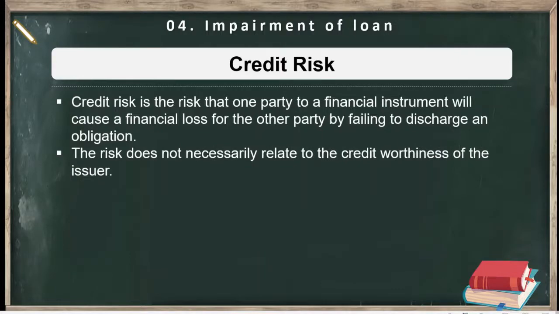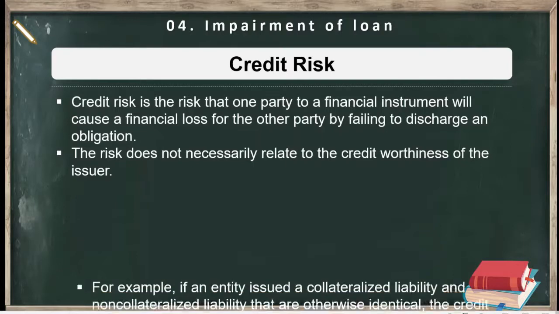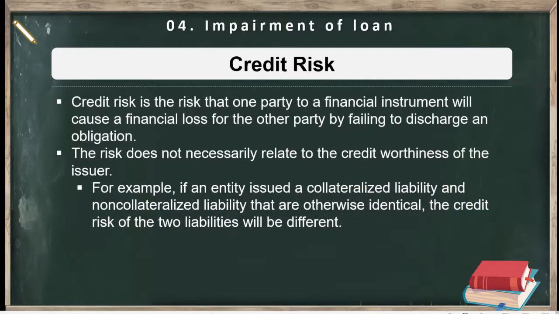This risk does not necessarily relate to the creditworthiness of the issuer. For example, if an entity issued a collateralized liability, meaning the liability has a collateral as security, he borrowed and offered his land as collateral, so that's collateralized. If he did not offer any security and did not pledge any assets, then it's non-collateralized.